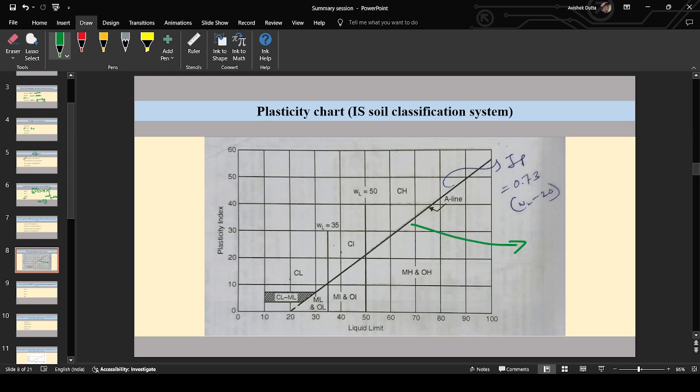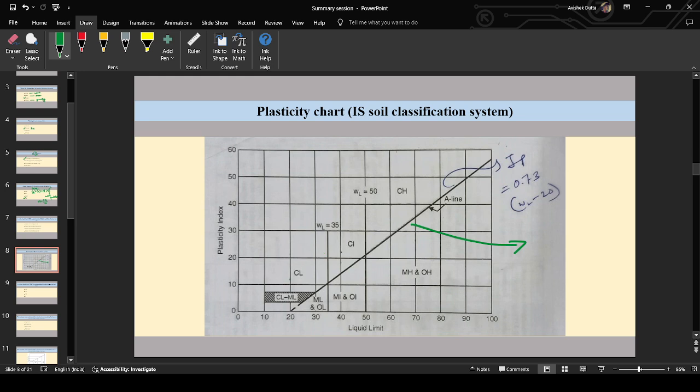So these two vertical lines representing liquid limit of 35 and liquid limit of 50 are dividing the graph into their plasticity zones. Okay, beyond the liquid limit 50, we have the soils of high plasticity. Between the liquid limit of 35 to 50, we have the soil of intermediate plasticity, and below liquid limit 35, we have the soil of low plasticity.